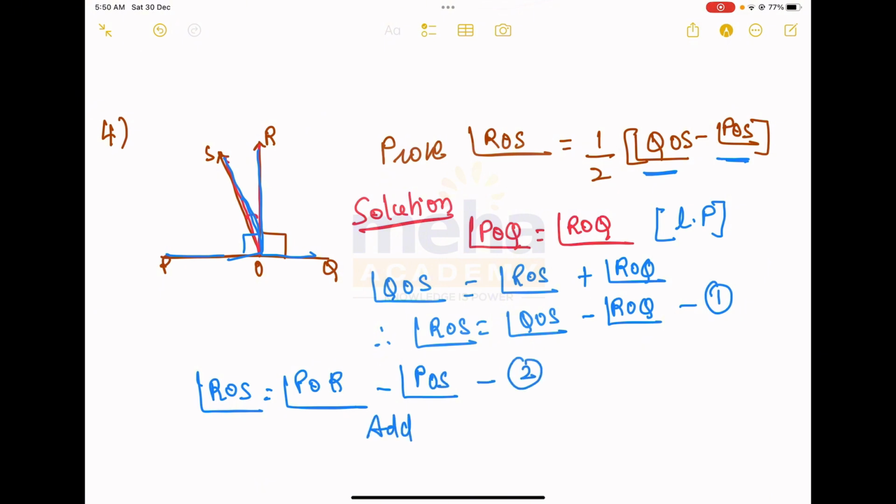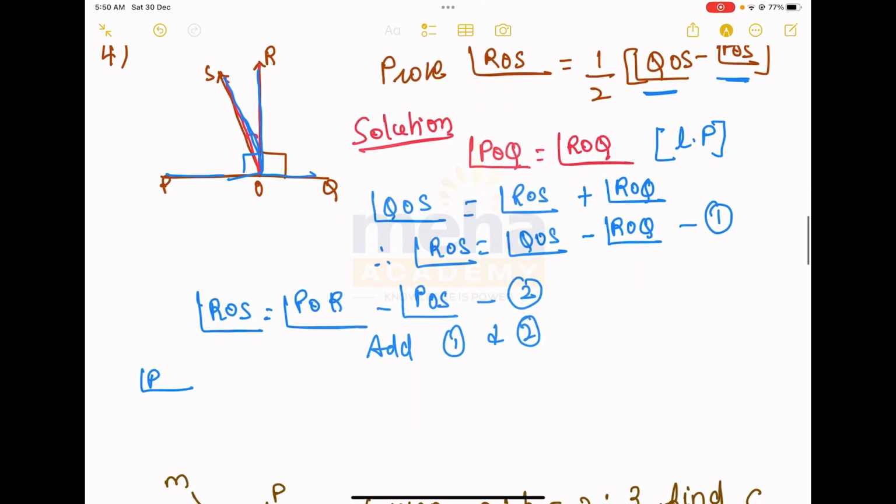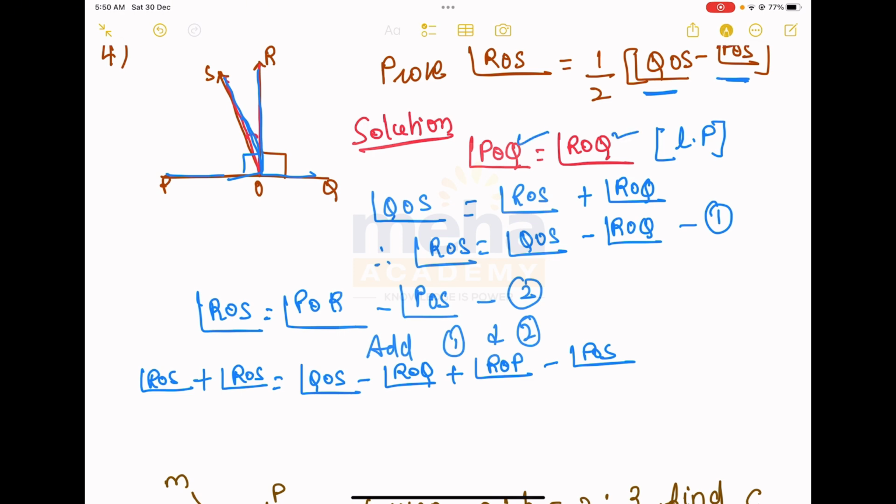So now adding 1 and 2, we get angle ROS plus angle ROS is equal to angle QOS minus ROQ plus ROP or POR minus POS. So we already know that POQ is equal to ROQ, and 2 times ROS is equal to, what do we need?